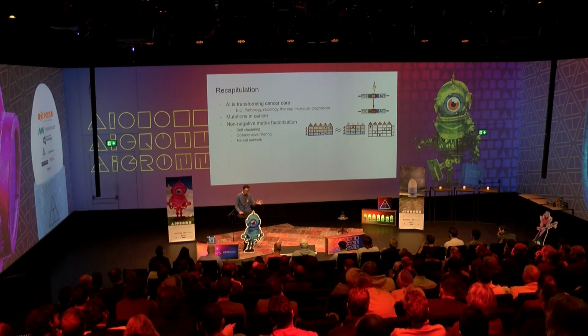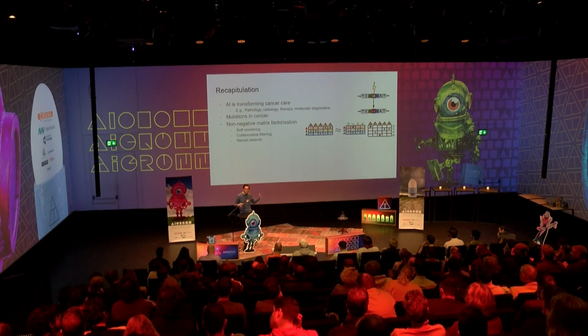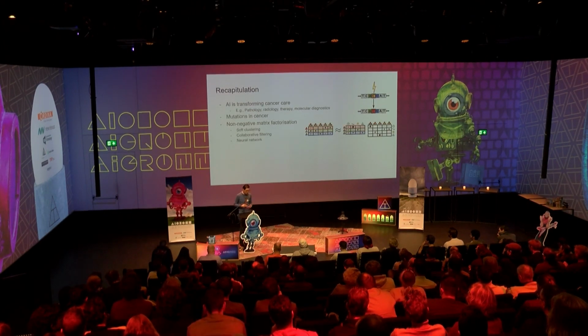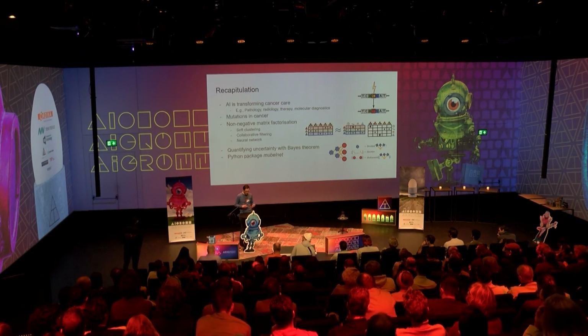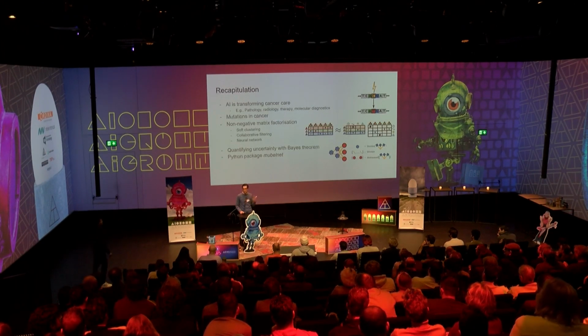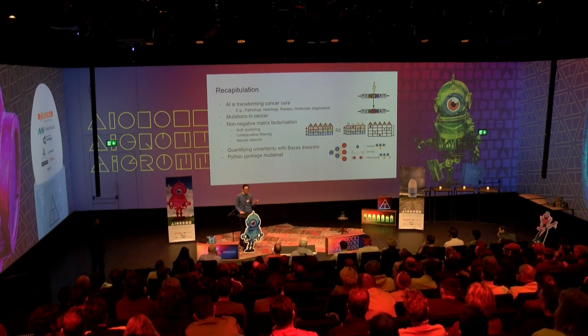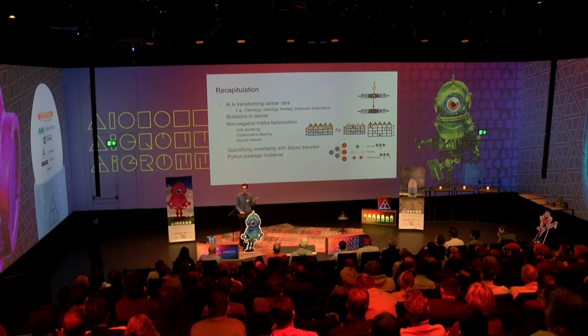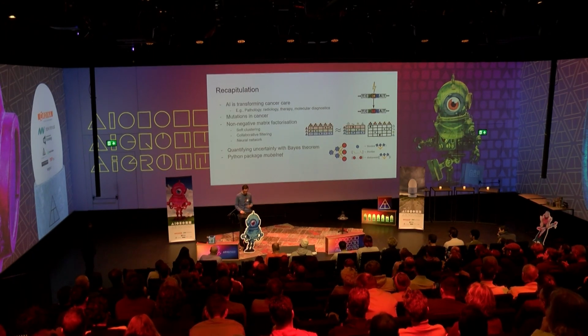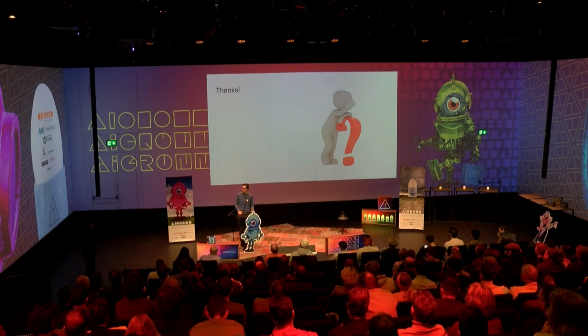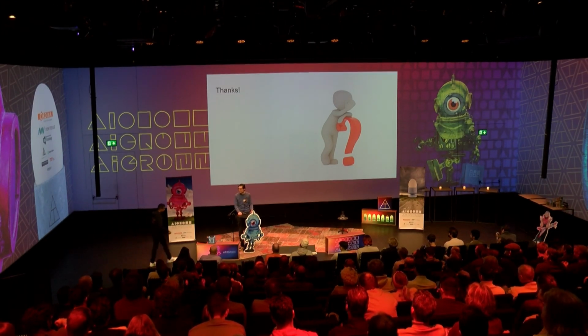I gave you these different perspectives of looking at it, which I think is nice to see how it comes about. And uncertainty is important, especially in the hospital, if you want to make decisions. We made a package to help quantify this. This concludes my talk, and I would like to thank you for your attention.